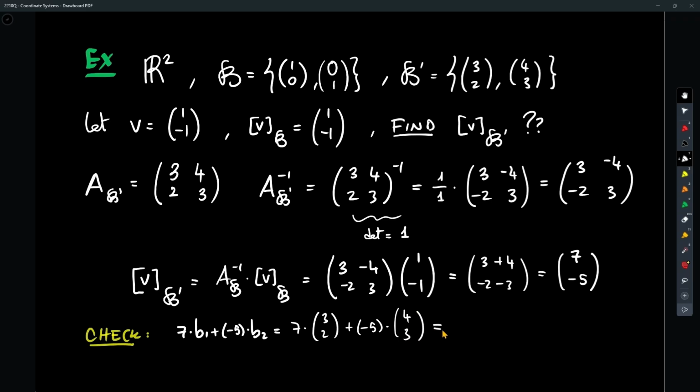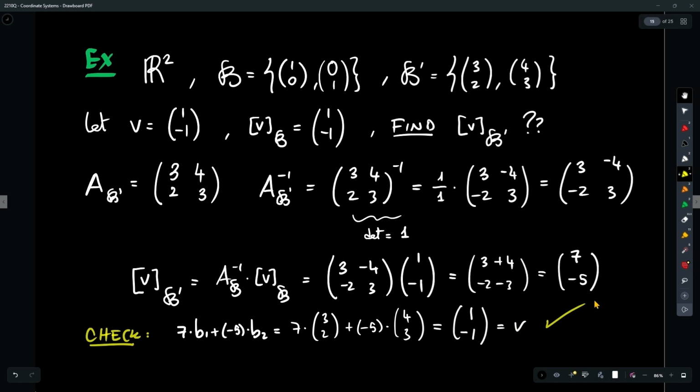That vector should be equal to v. 7 times 3, 21, minus 20 is 1, and 7 times 2, 14, minus 15 is minus 1. And this is v, and that is exactly what was supposed to happen. This linear combination gives me v, because 7 and minus 5 are the coordinates of v with respect to the new basis. So I do get the solution that I expected.